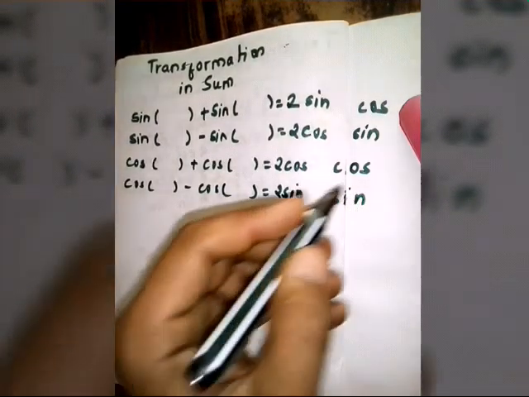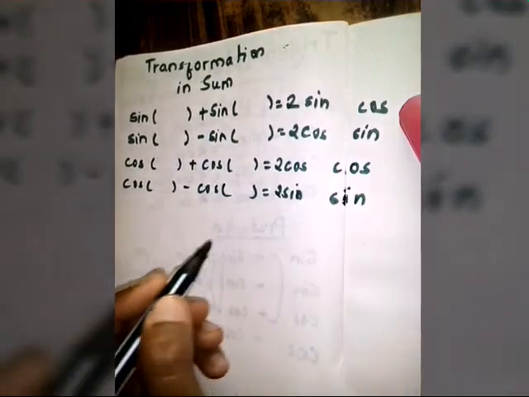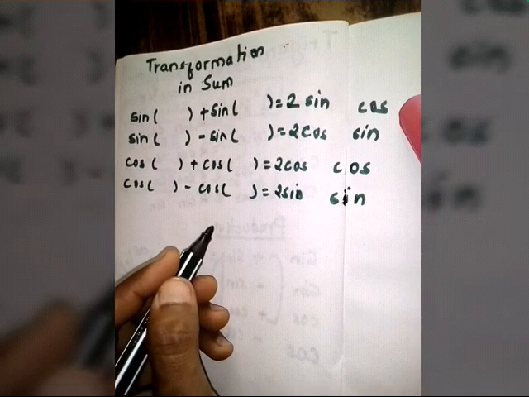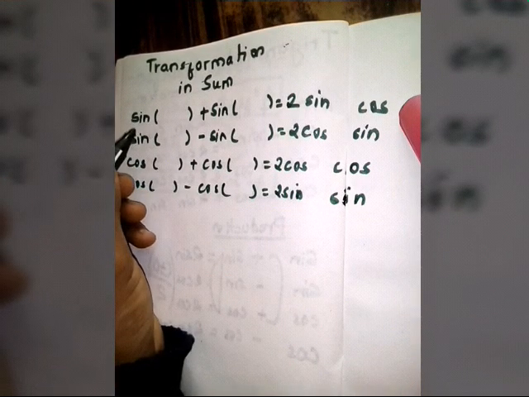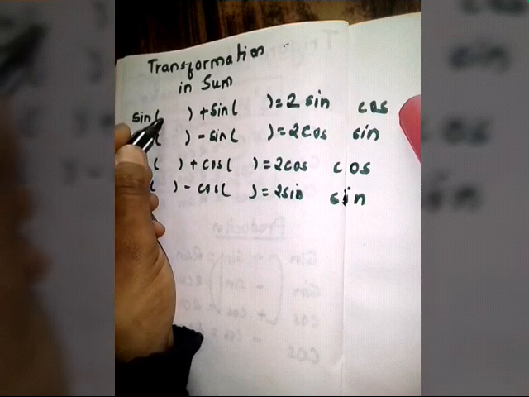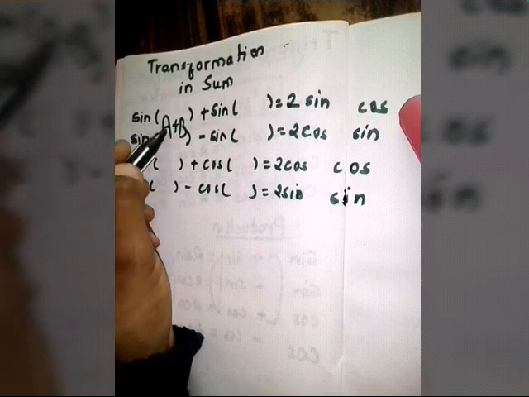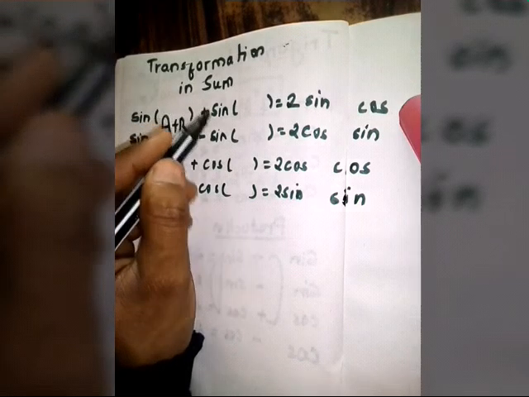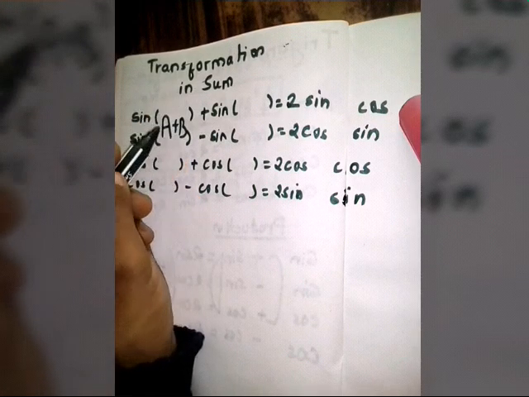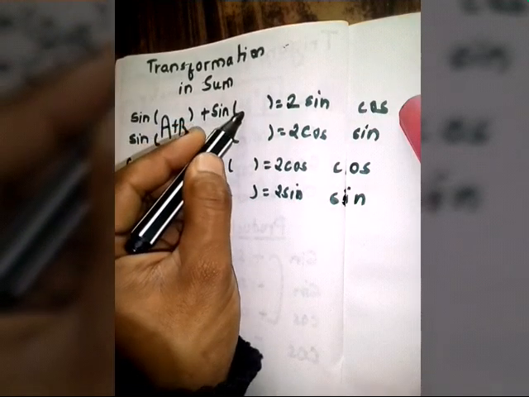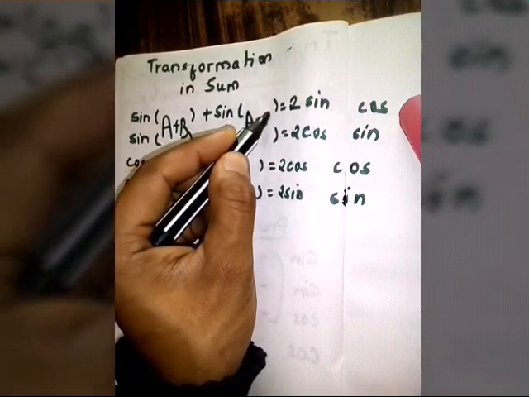Now we have to remember, for the sine, the first term is always going to be a plus b. That means sine (a plus b) plus, and the second term will be the difference, because there's a sum and a difference, so this will be a minus b.